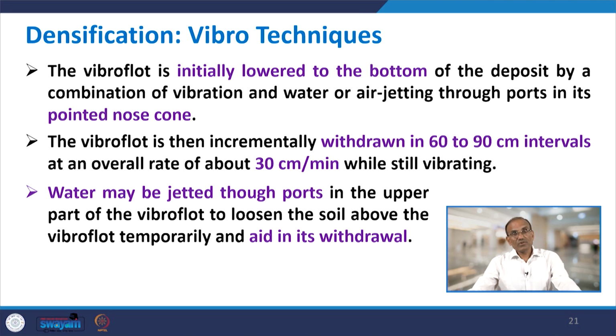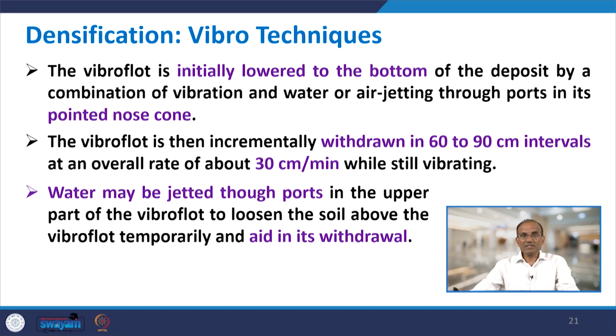The vibro float is initially lowered to the bottom of the deposit by a combination of vibration and water or air jetting through pores in the pointed nose cone. So, we have already shown that there is a mechanism in the vibro float for injecting water.